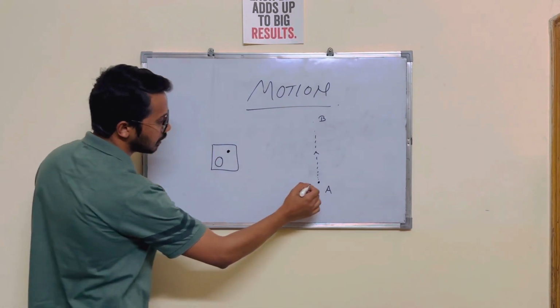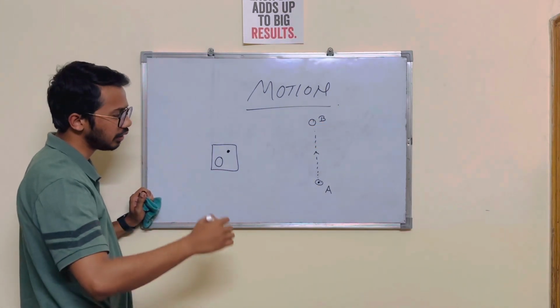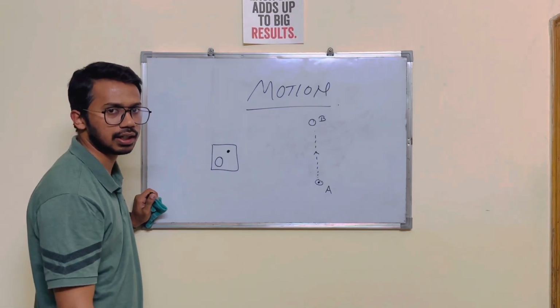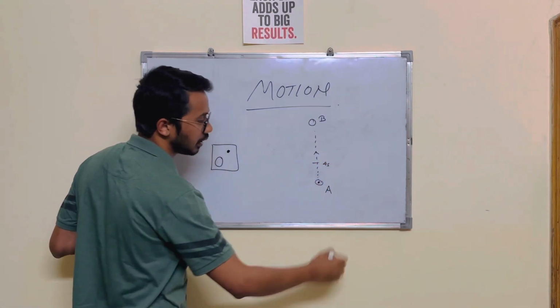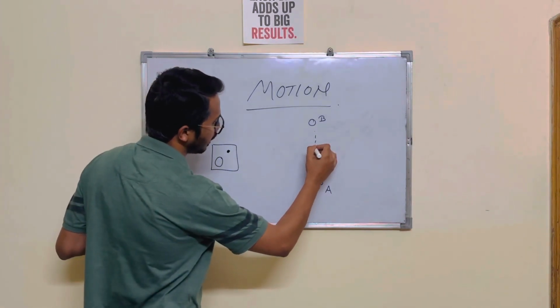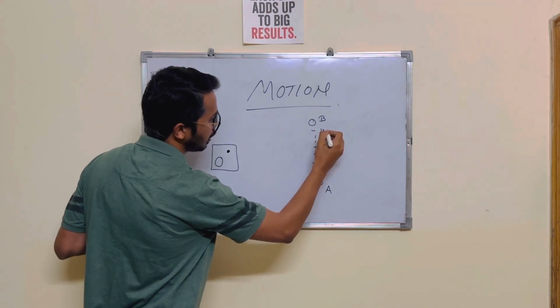After some time, let's say after 4 seconds, his position will be this. After a few more seconds, let's say after 6 seconds, the position will be this. And after 10 seconds, the position will be this.